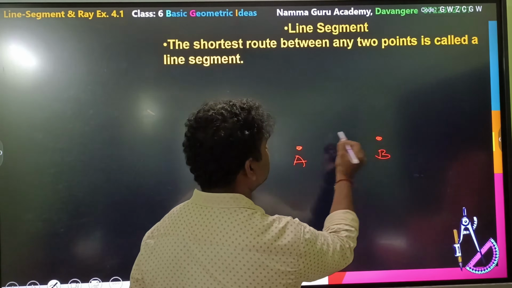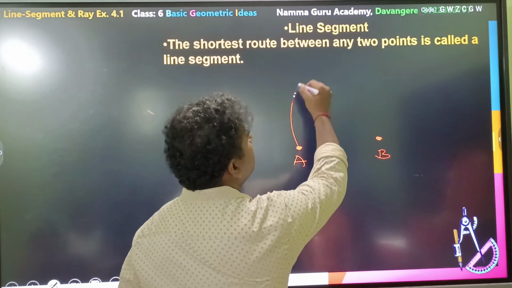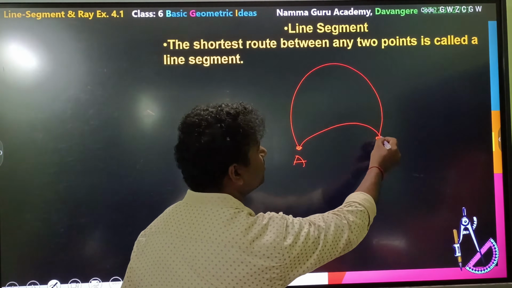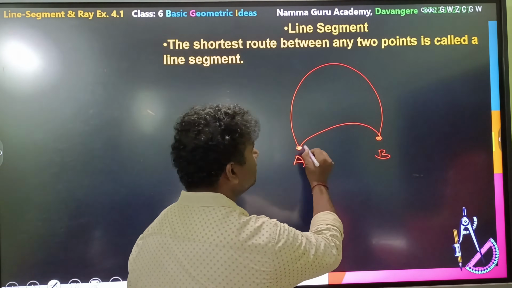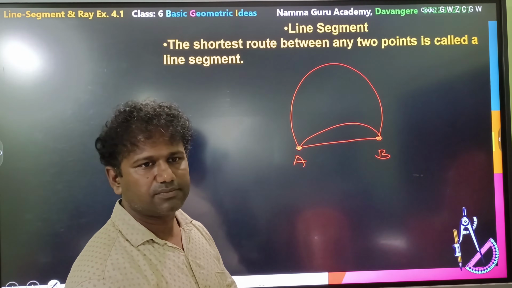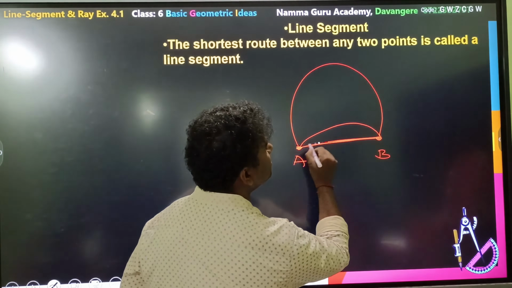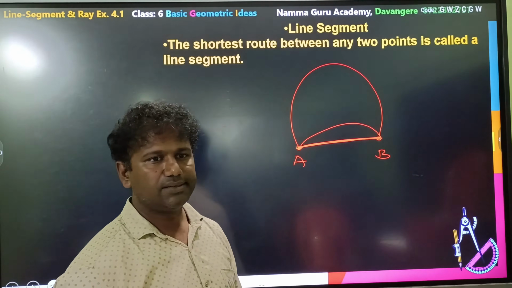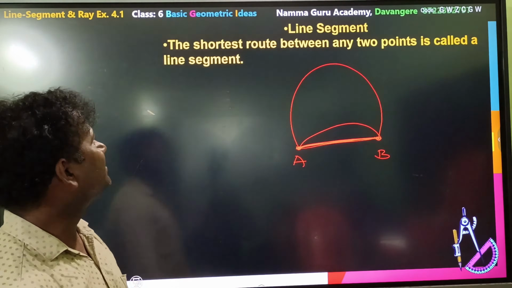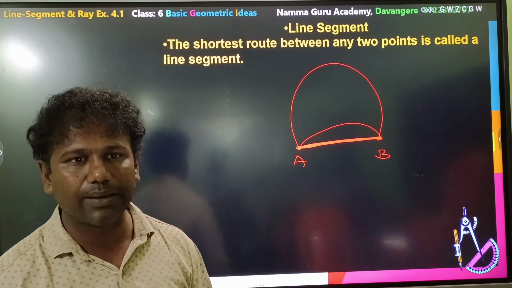If you want to go to brother's house from your mother's house, you may travel in this path, this path, or this path. Which is the shortest distance? This third one is the shortest distance, isn't it? That is the line segment. The shortest route between two points is called a line segment.